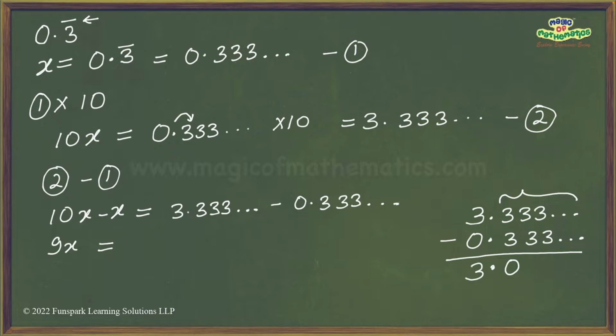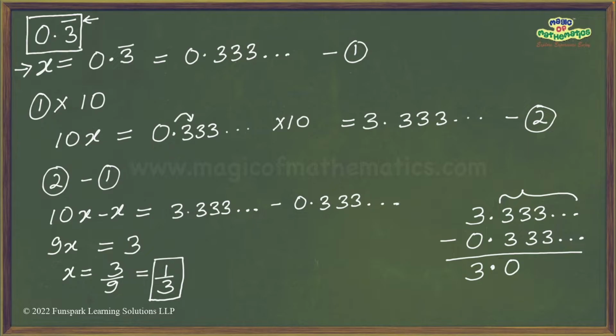So we have 9x equals 3, which means x equals 3 over 9, which simplifies to 1 over 3. But we have said x is 0.3 recurring, which means 1 over 3 is the equivalent fraction representation of 0.3 recurring.